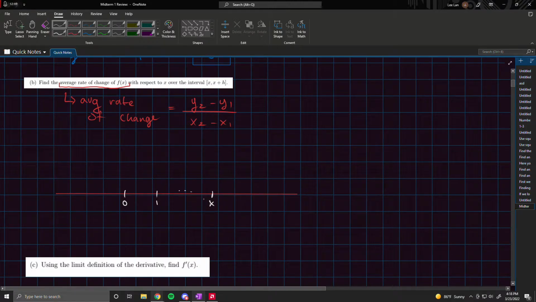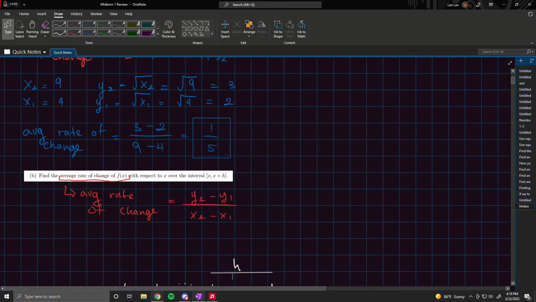It doesn't have to be positive. The whole point about variables is that it can be any number. But let's just say it was somewhere here. So this is x. But what does x plus h look like? Well, I don't exactly know what h is, but I know it's somewhere to the right. This will be x plus h. And so that means this distance is h distance away.